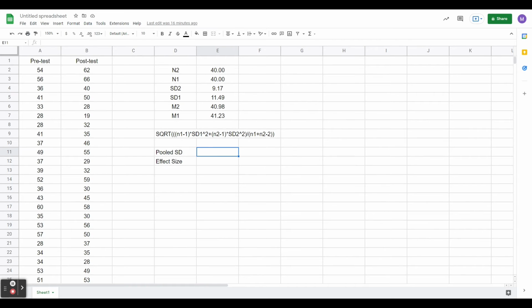To start, I type =sqrt and 3 open parentheses. I will then use the references from the table above to fill in my formula.